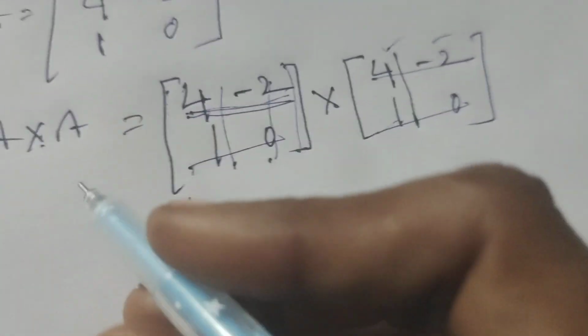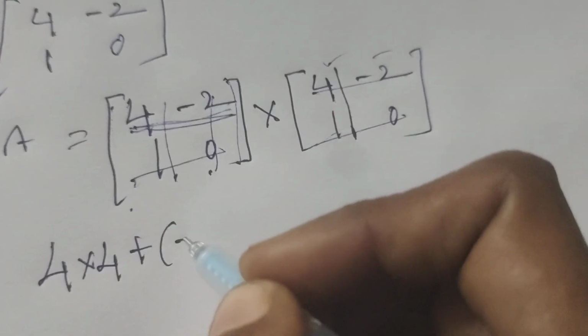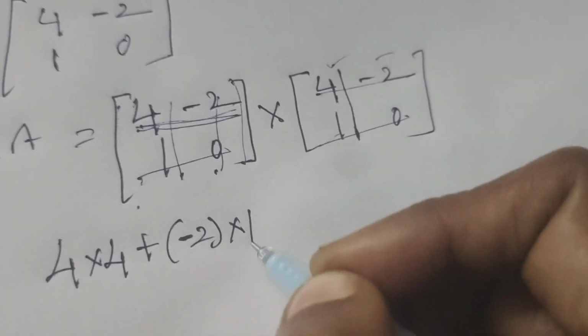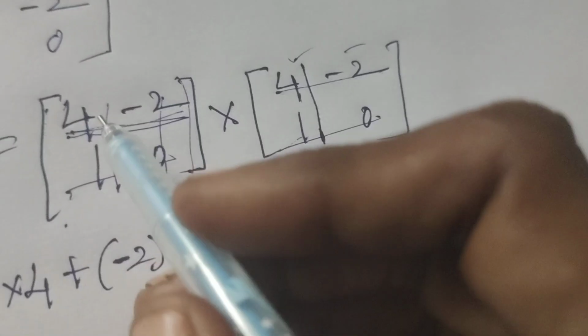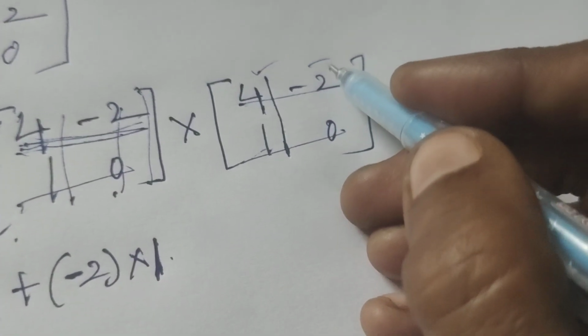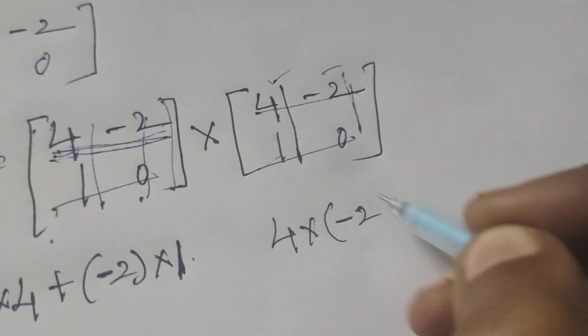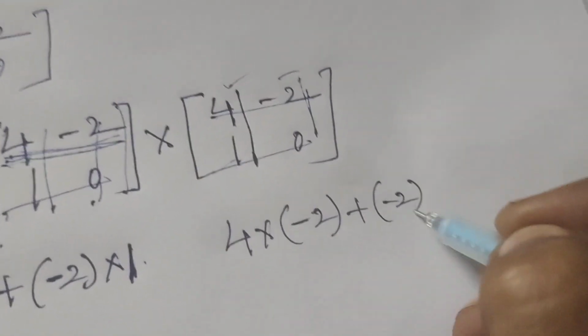So write 4 into 4 plus minus 2 into 1. Then the first matrix's first row multiplied with the second matrix's second column: 4 into minus 2 plus minus 2 into 0.